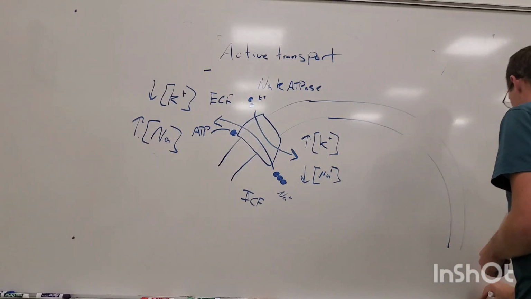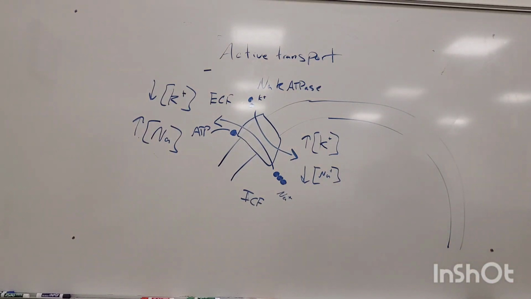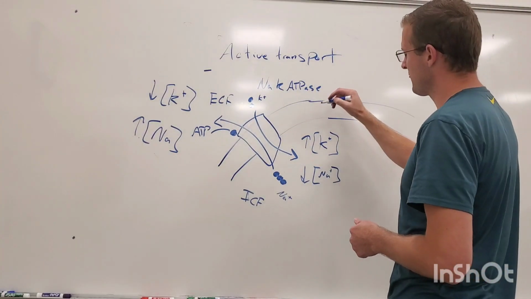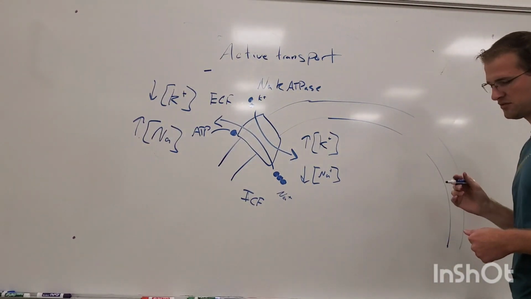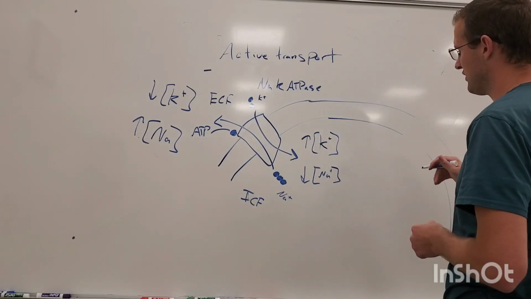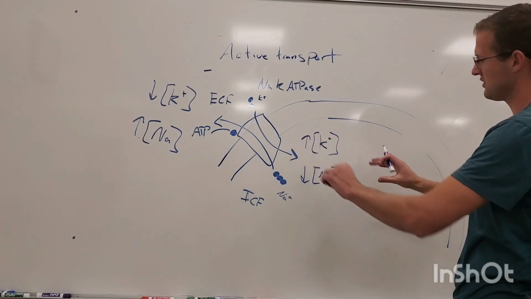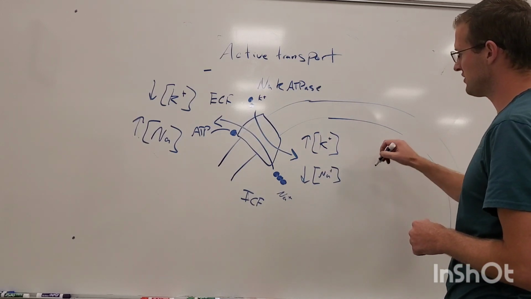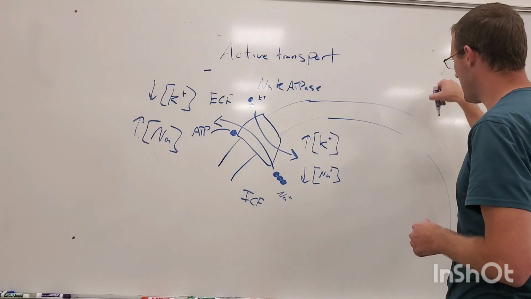Secondary active transport still requires energy, but it requires energy in the form of a concentration gradient from one molecule to another. Theoretically, we have a concentration gradient and potassium wants to go out.